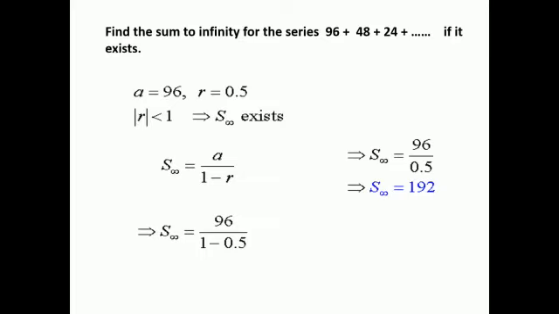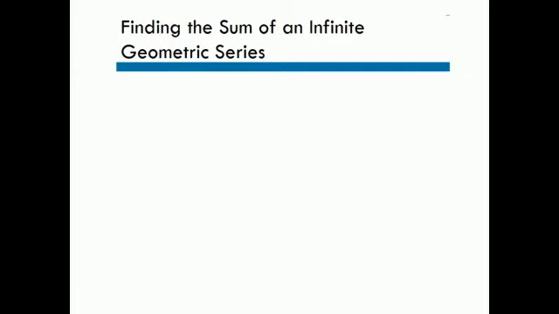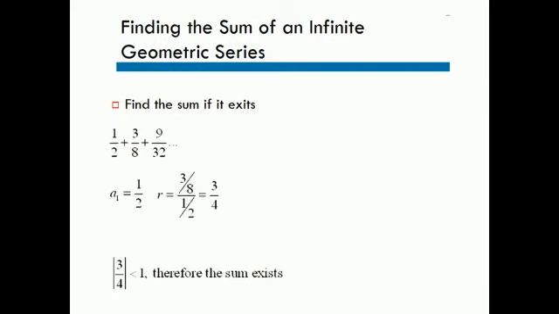So we'll go for the next one. Next question, finding the sum of the infinite geometric series: 1 by 2 plus 3 by 8 plus 9 by 32, and it goes on. From the series, we know that A is equal to 1 by 2. How can we find R?